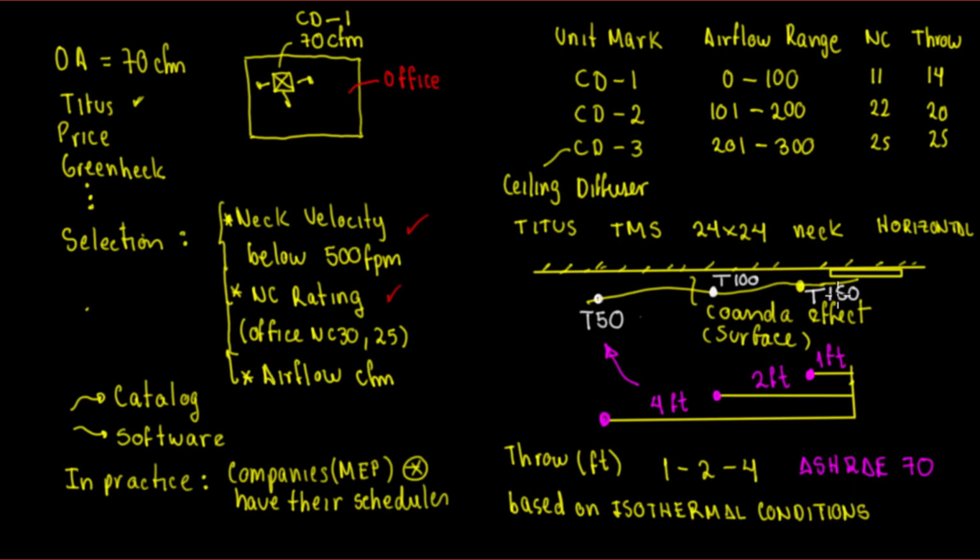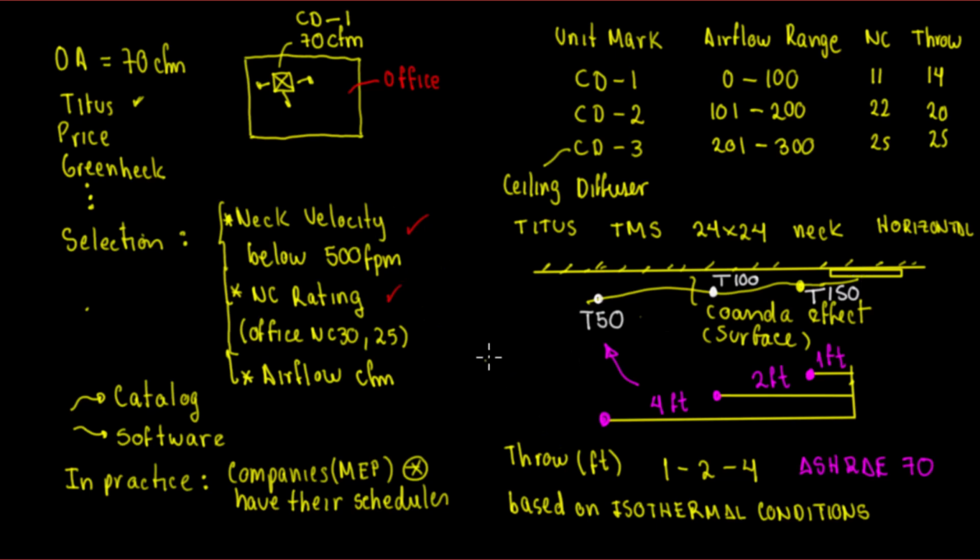For 150 and 100, it's okay. But when we're talking about terminal velocity of 50, isothermal conditions are not the same as real conditions. Real conditions would be non-isothermal, of course, because if it's very cold inside the room, you want to heat the room. So there's a delta T of the room.